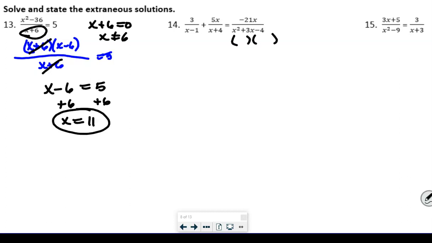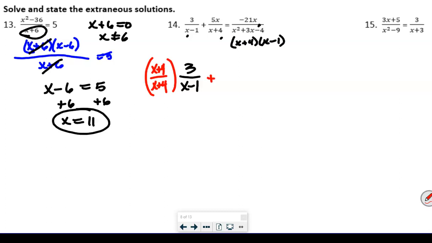All right, so on this one, I'm going to go ahead and factor this. I have a suspicion that the factors of -4 that add up to be 3 are going to be +4 and -1. Let me make that a little bigger. x plus 4 and x minus 1, which is what we see over here, right? So to get our common denominator, we're going to multiply this one over here by the other one, x plus 4 over x plus 4.